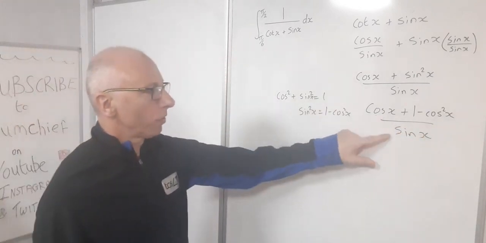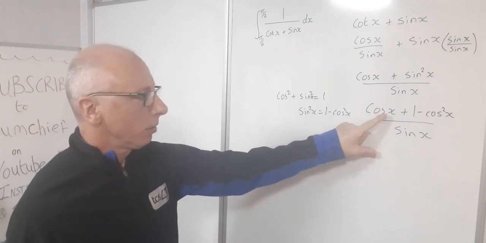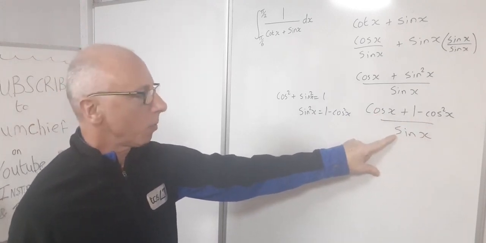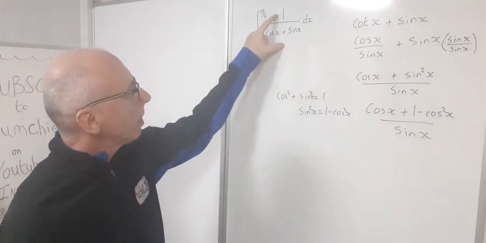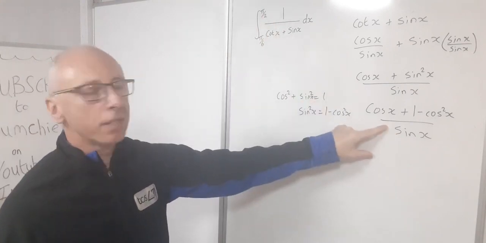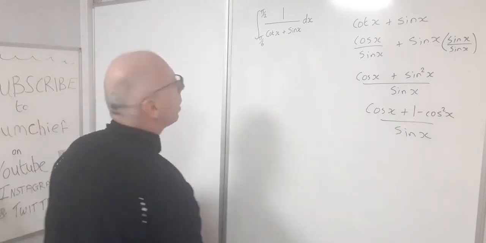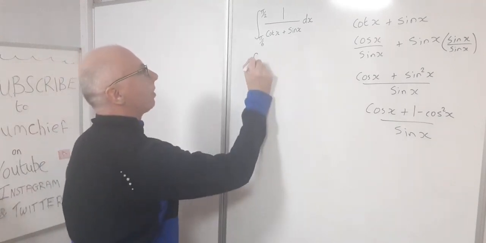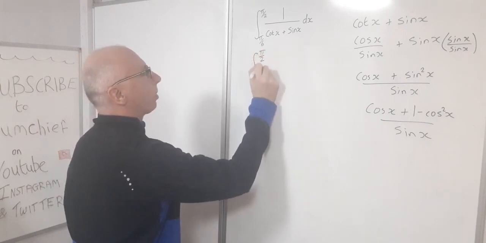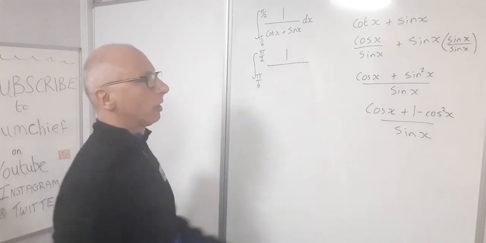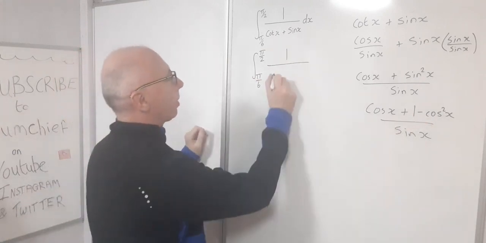So now this is looking good for some sort of u substitution. We've got a couple of cosine terms and a sine term in our denominator, where we want it. So now let's rewrite this integral in terms of this. So now we've got pi over 2 to pi over 6 and then 1 over, then we put this one in our denominator.